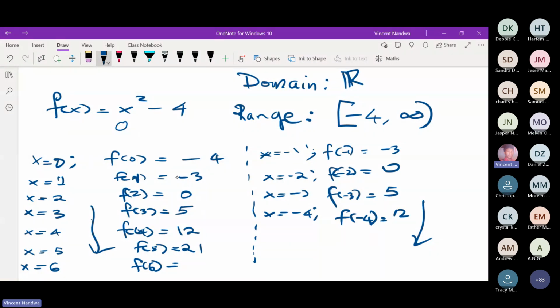And it will happen when x is 0, but any other non-zero value will always make this expression grow bigger and bigger. As the values increase from both the positive side and the negative side, the expression gets larger and larger. So therefore, the range will be from -4 to infinity.